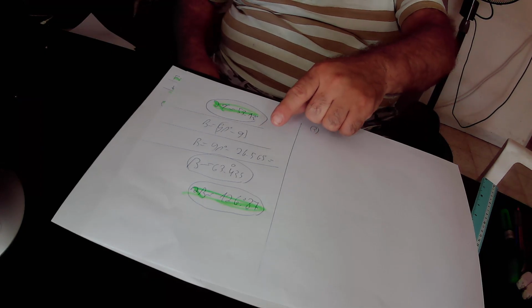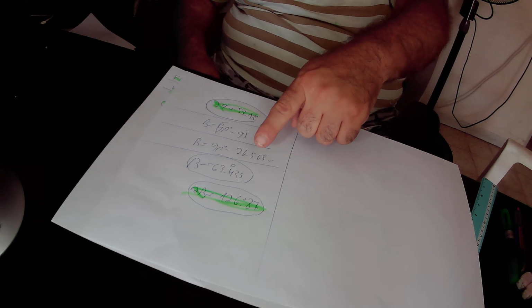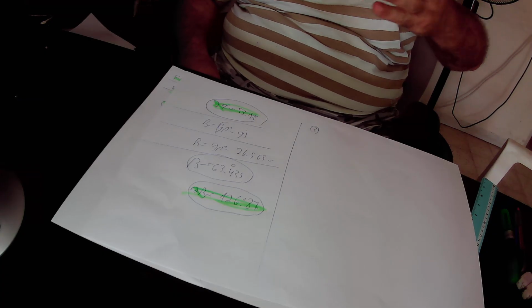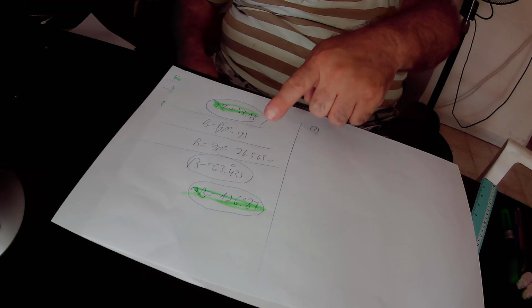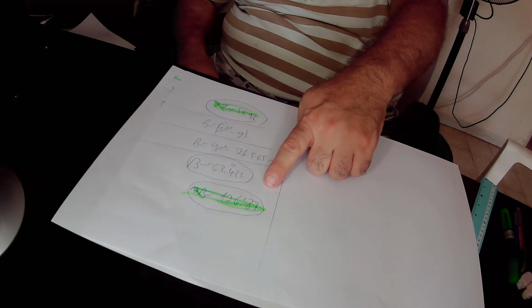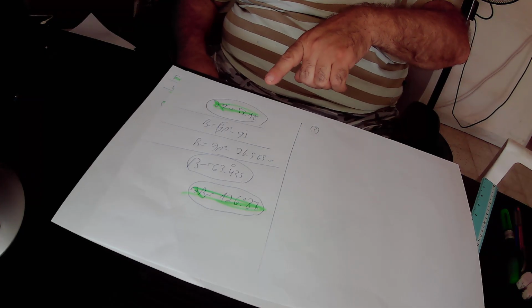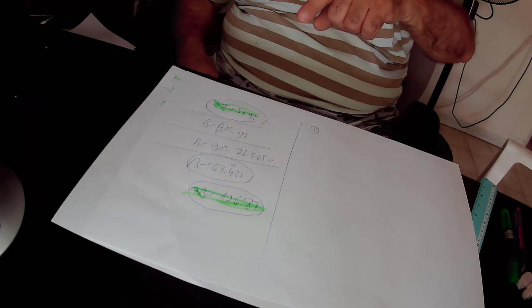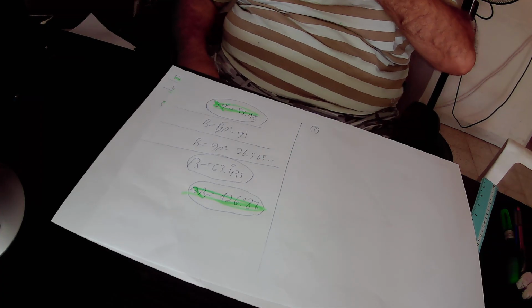So 90 degrees minus 26.565 degrees is 63.435 degrees. So in total we found out that beta equals 63.435 degrees, and therefore 2 beta equals 126.87 degrees in size. So in total we found out that 2 alpha equals 53.13 degrees in size, and 2 beta equals 126.87 degrees in size.